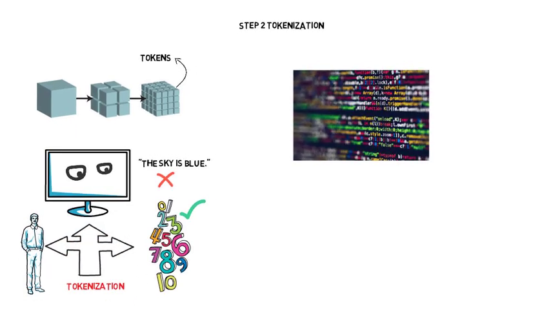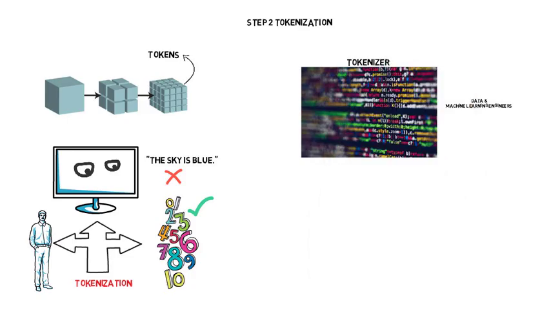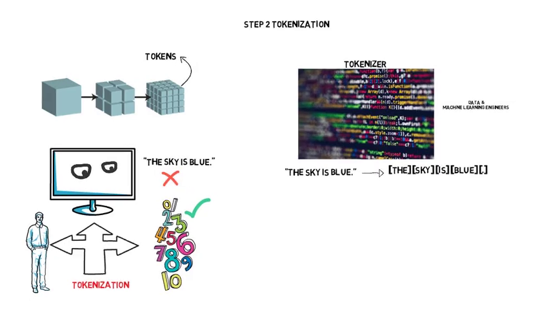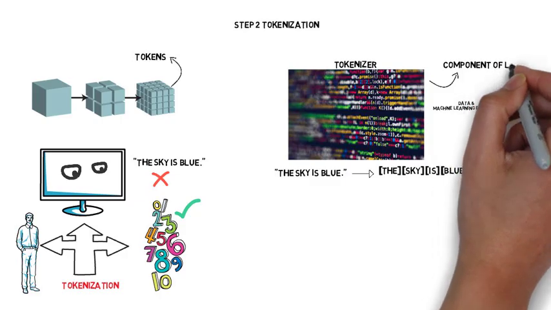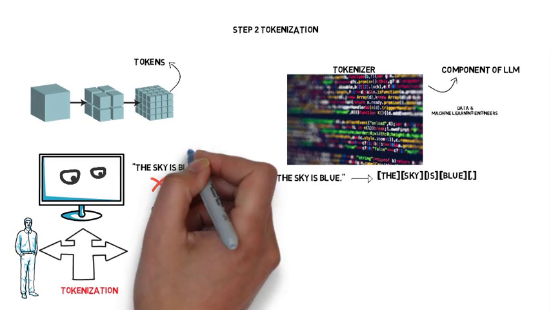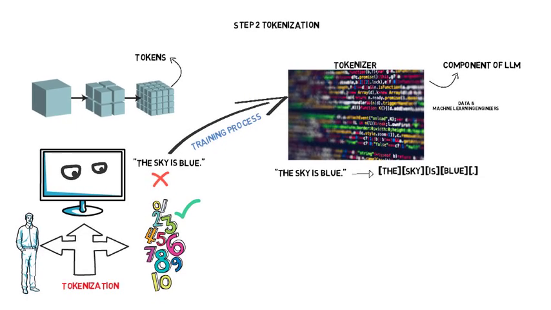This is done by a special piece of software designed by data engineers and machine learning engineers called a tokenizer. It basically knows how to break text into chunks. This tokenizer is created before training begins and becomes a permanent part of the model's language system. During the training process, all text is first run through the tokenizer, which converts it into numeric IDs.